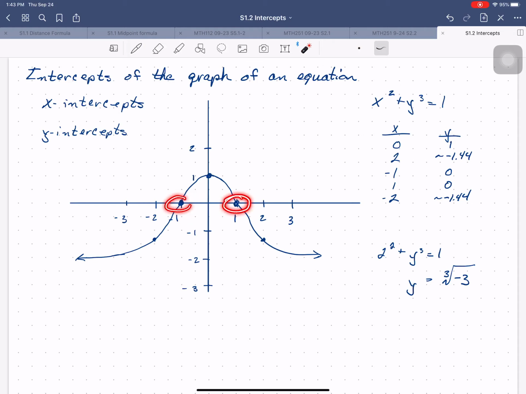So these 2 points right here that I've circled are my X-intercepts. So I've got X-intercepts at the points -1, 0, and 1, 0. My Y-intercept is the point where my graph crosses the y-axis, which in this case is the point 0, 1.